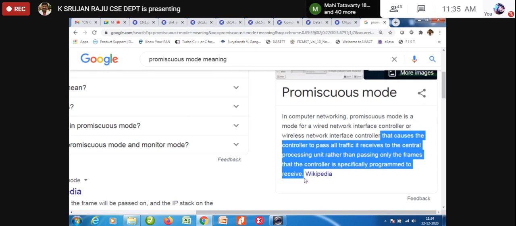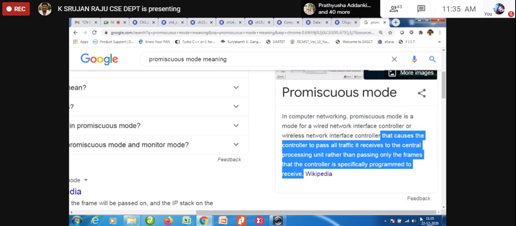Now you are getting the point. So attacks may happen, because your Ethernet itself has this promiscuous mode, which passes all the traffic it receives to the central processing unit rather than passing only the frames the controller is specifically programmed to receive.